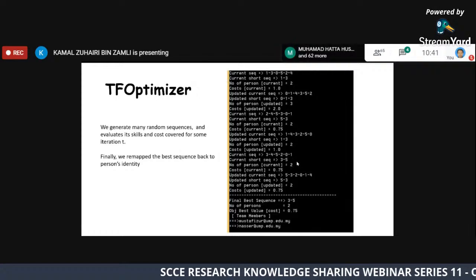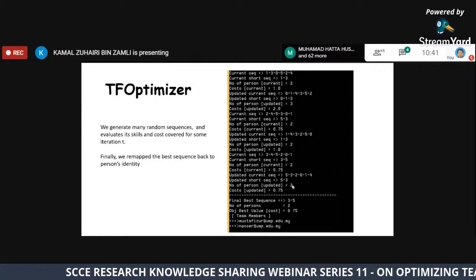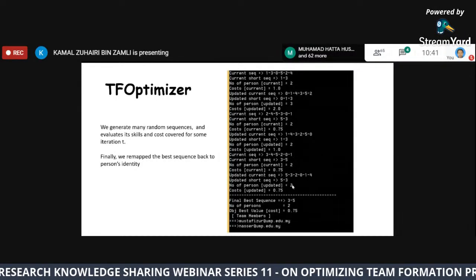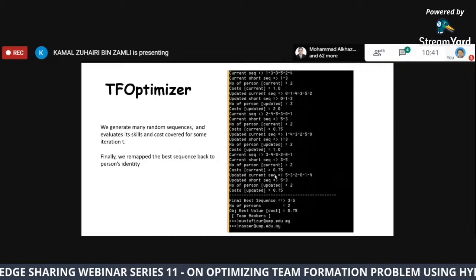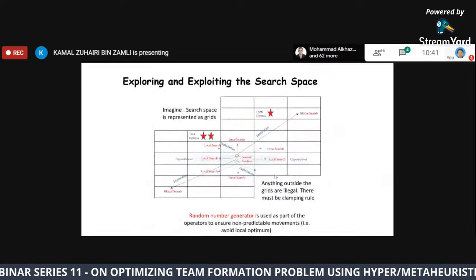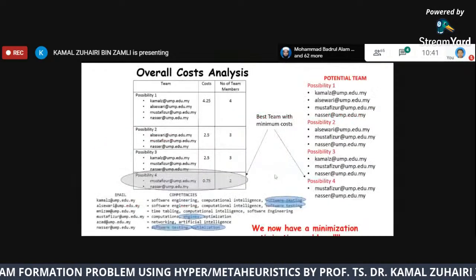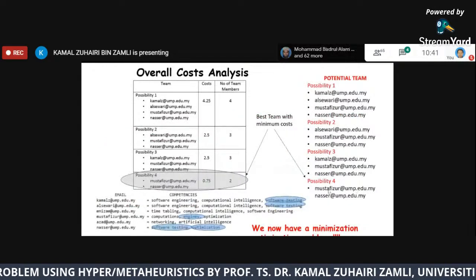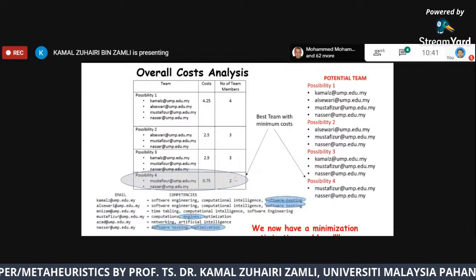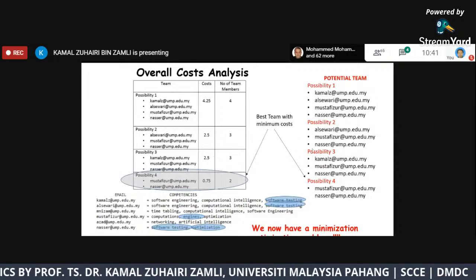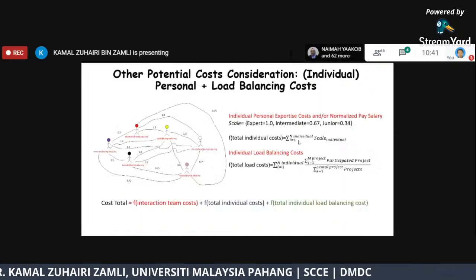For example, this is the problem that we did by hand just now. I've shown you by hand before, if you remember, that the best one is Mustafizo and Nasir. So we did the same problem here, a very small problem, just to illustrate the point.